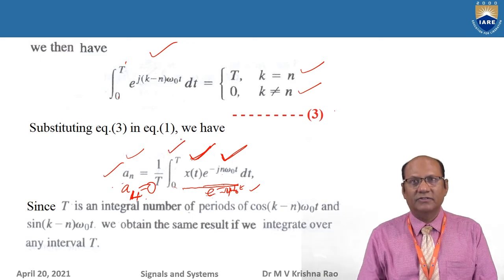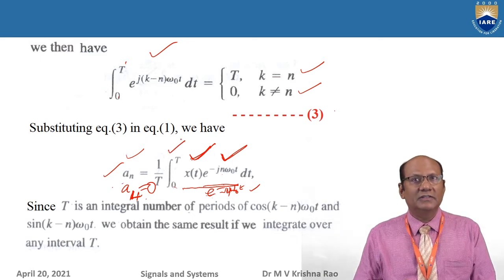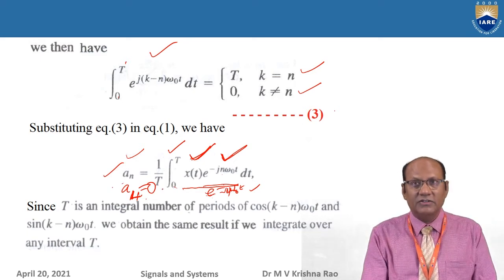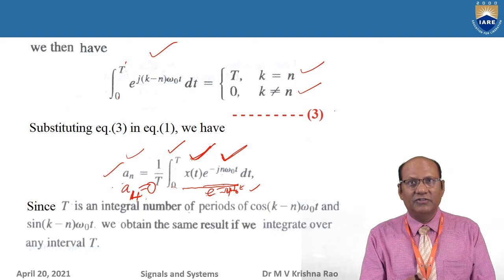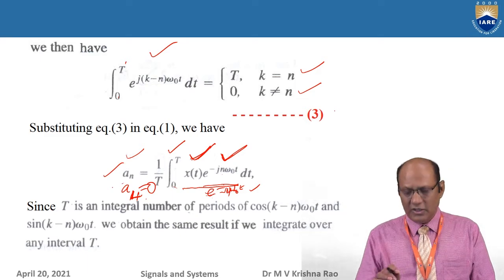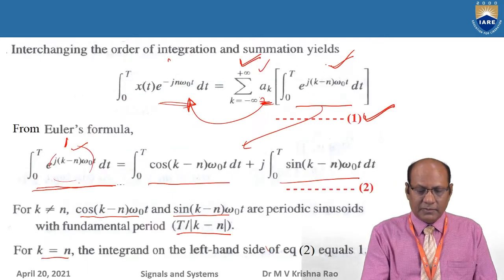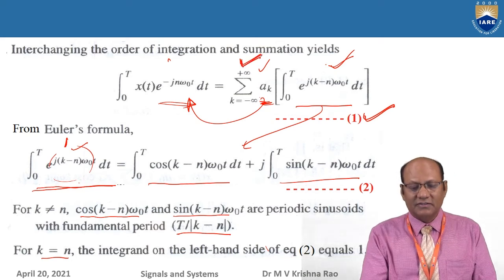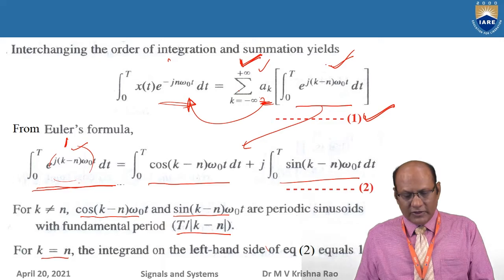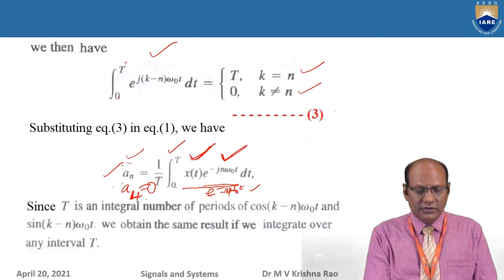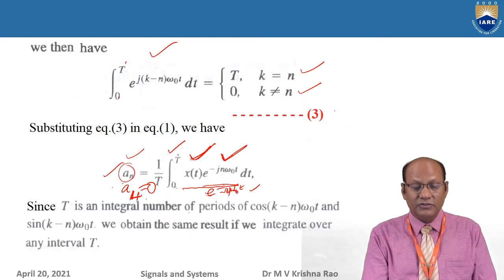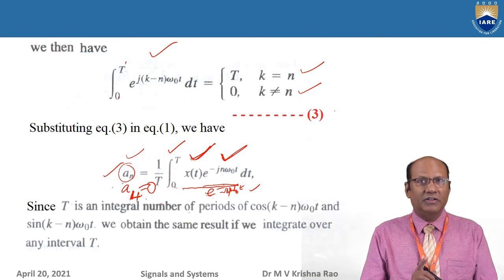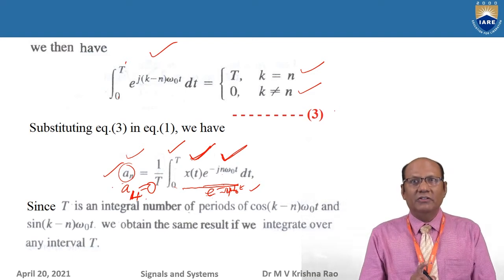You are integrating, because x of t is a continuous type, so the integration is over a continuous range, not at certain points. Some people express doubt on this. So this is a summation, and when you want to find each term in the summation, you use the integration, not the summation, because it is a continuous time signal.